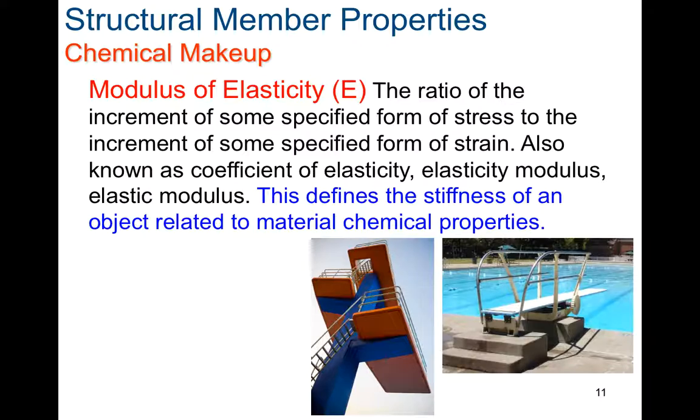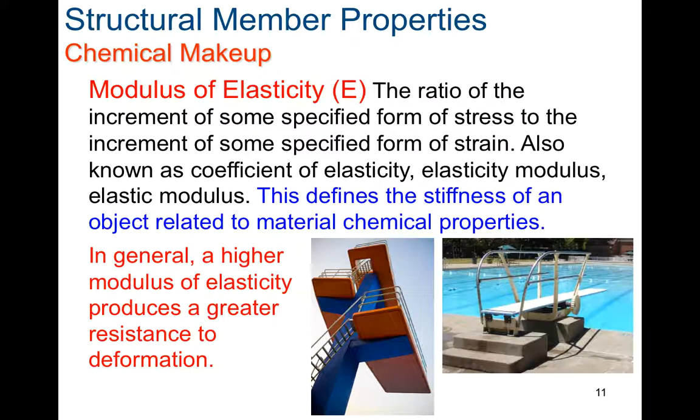Higher modulus of elasticity means greater resistance to deformation, just like a higher moment of inertia did. Basically, a higher modulus of elasticity means it's less springy, less elastic in a way, is kind of how I've come to think of it.